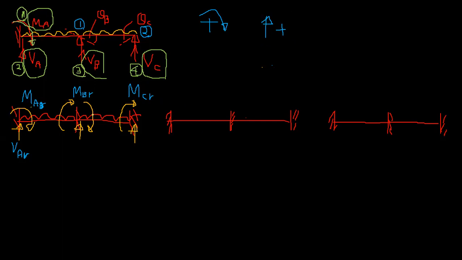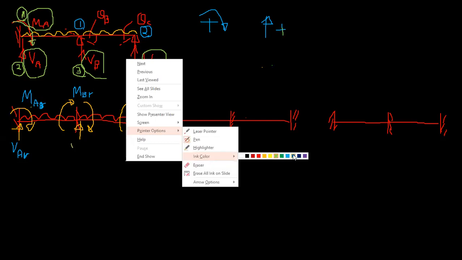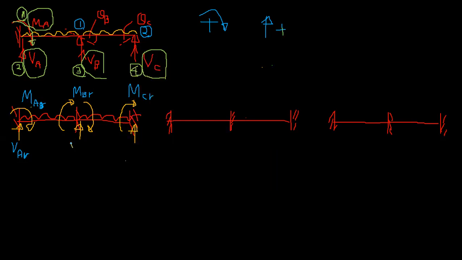So here, in the original structure theta b and theta c are there. I bring them down to 0 by clamping as fixed, but now it no longer remains the same structure. So here it will be MBR, and here it will be VCR.